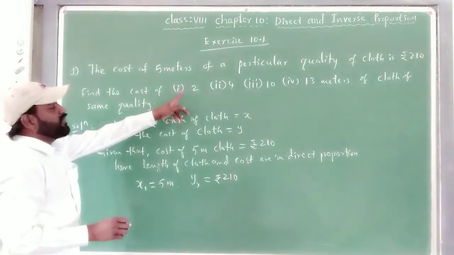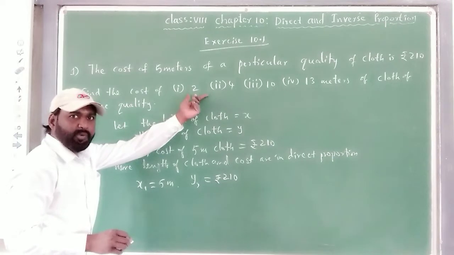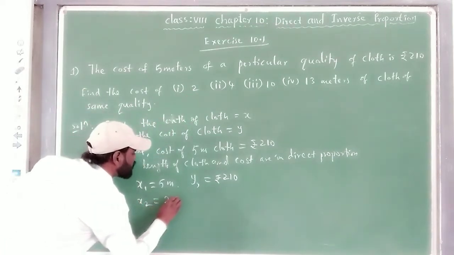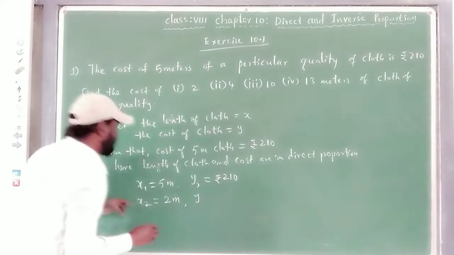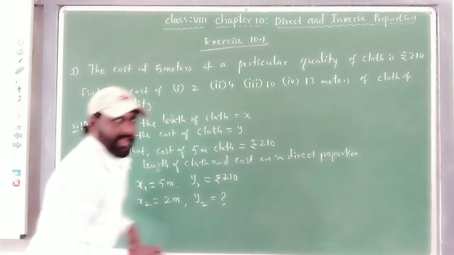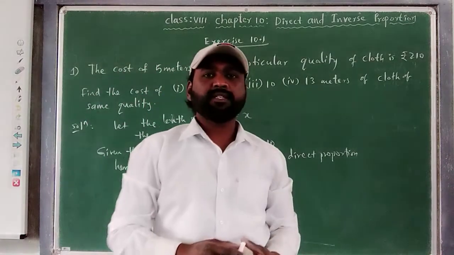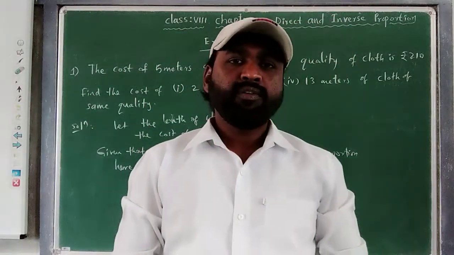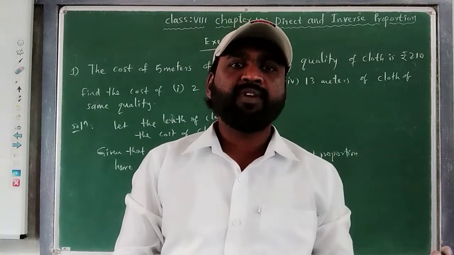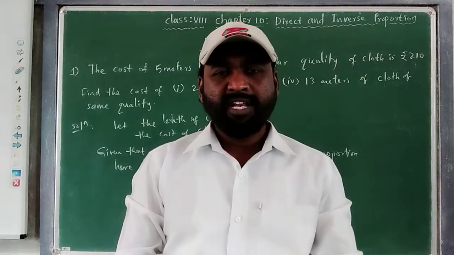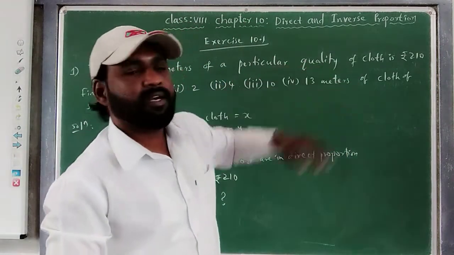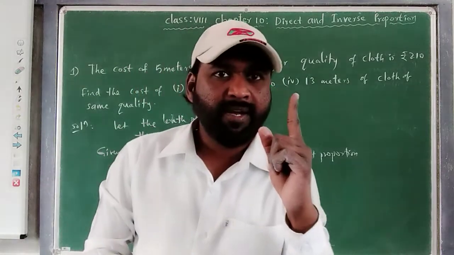Now we need to find the cost of the 2 meters cloth, so x2 is 2 meters. In our previous classes, 6th and 7th, in this kind of situation you use the unitary method: 5 meters cloth costs 210, what is the cost of 1 meter?